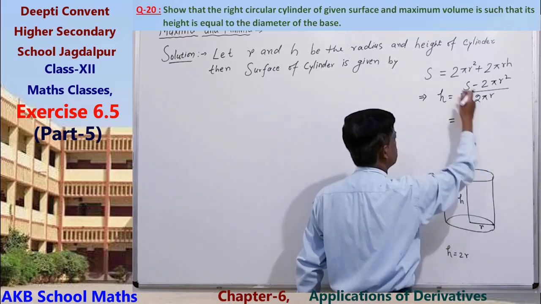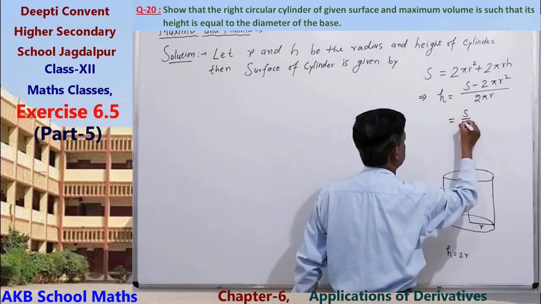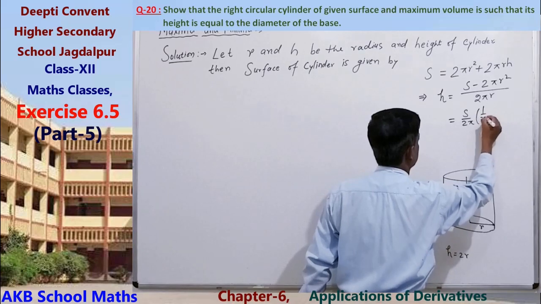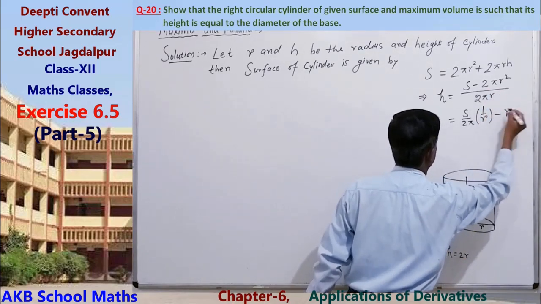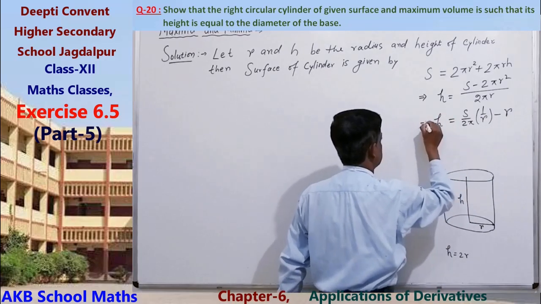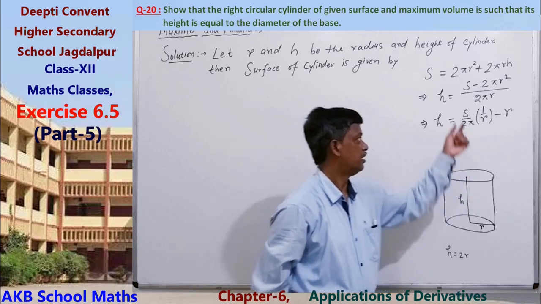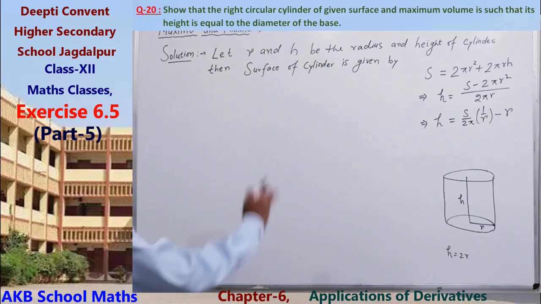This can be written by dividing it: S upon 2 pi r means 1 upon r, minus 2 pi r cancel r. So h equals this, where S is given and small r is the radius of the base. This is equation 1.